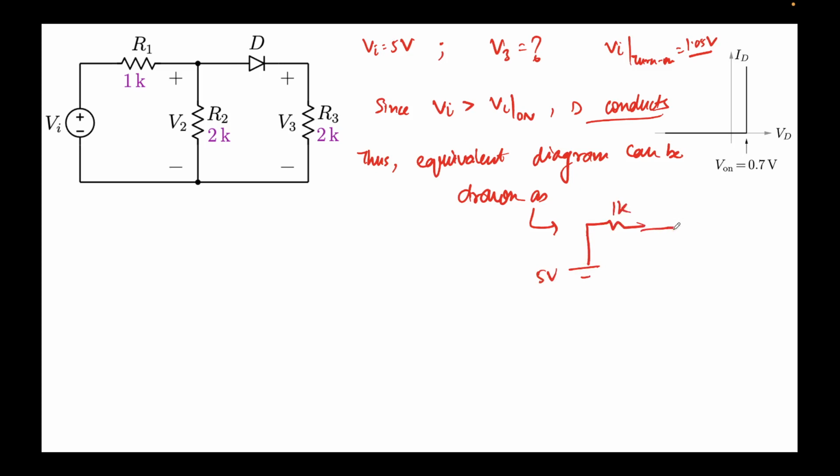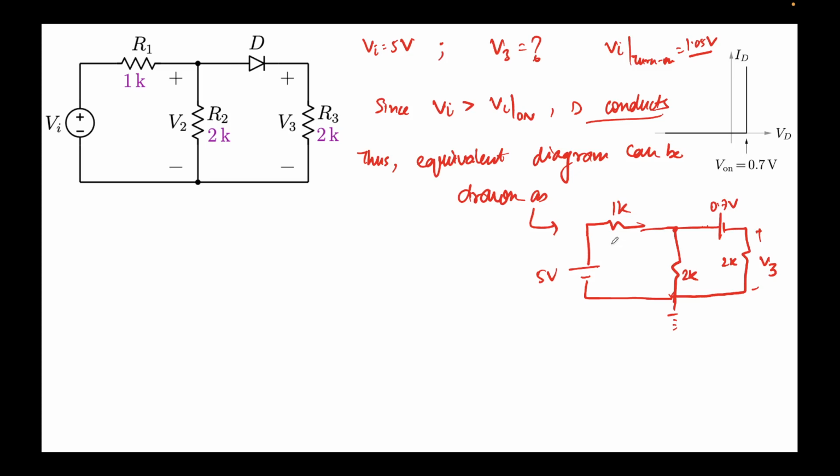This will be 1K, this will be 2K, and since the diode is turned on, I'll replace it with a voltage source of 0.7 volts. This will be 2K, and I assume this to be ground. We are required to find V3, so this is the voltage that we are required to find.